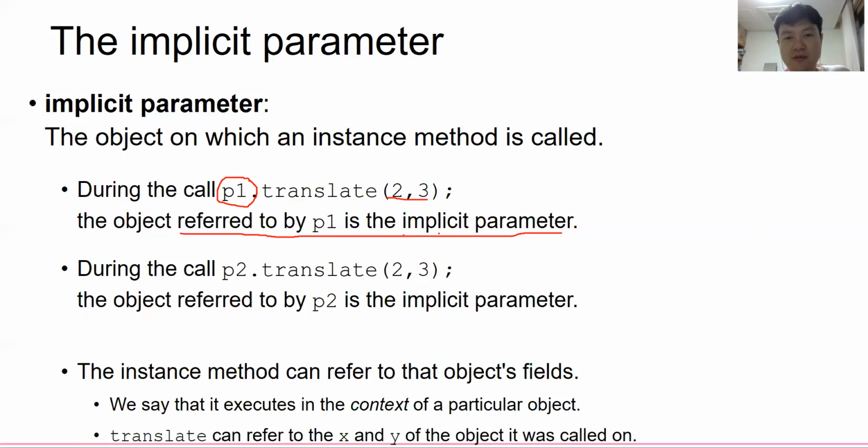In this case, I have the implicit parameter. When we call p2.translate 2, 3, p2 is the implicit parameter. The instance method can refer to the object's fields. The fields are the data members. We say that it executes in the context of a particular object, and translate can refer to x and y of the object on which it is called.